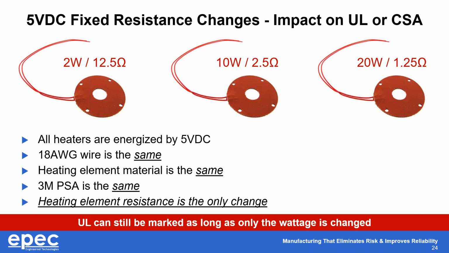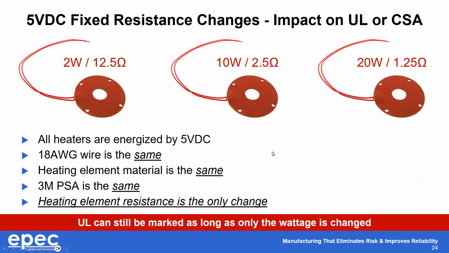The only difference is the etched foil pattern. The trace of the heating element is just different between the three. All three use the exact same bill of materials, the exact same 18-gauge wire, and the exact same 3M PSA on the rear of the heater.